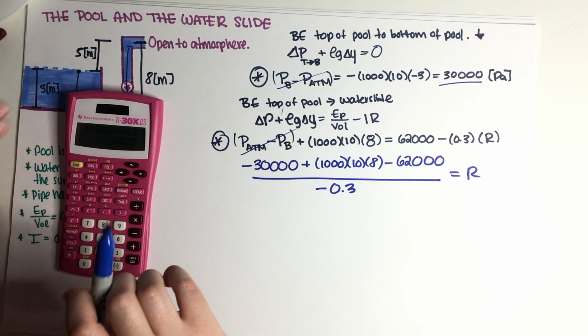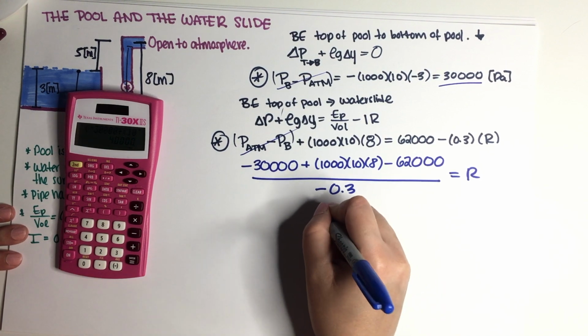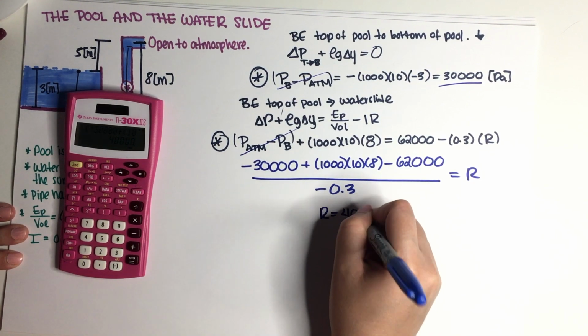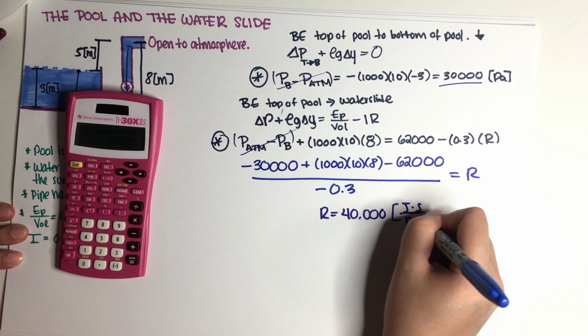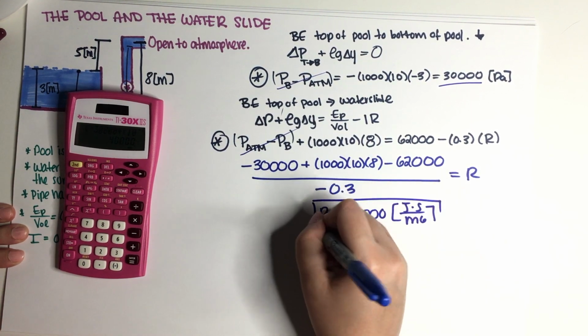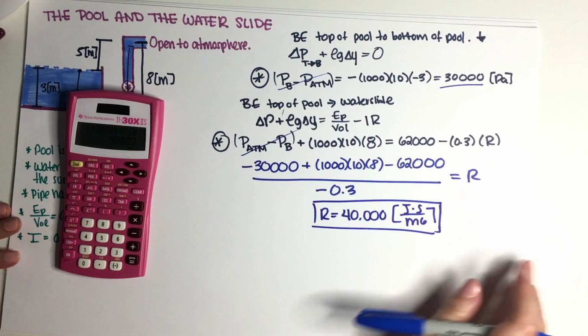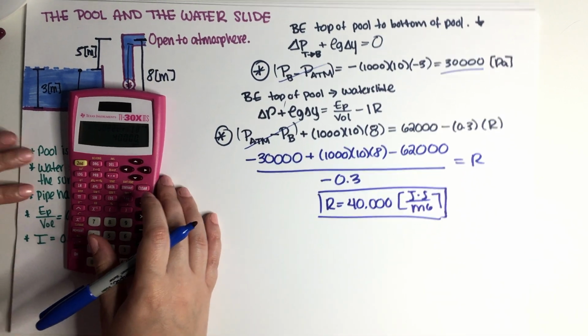So I get 40,000. R is equal to 40,000 joules per second meters to the 6. Final answer. There we go. So this is my final answer for part 1 of the problem.